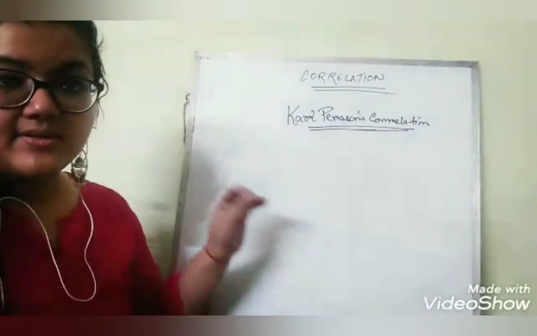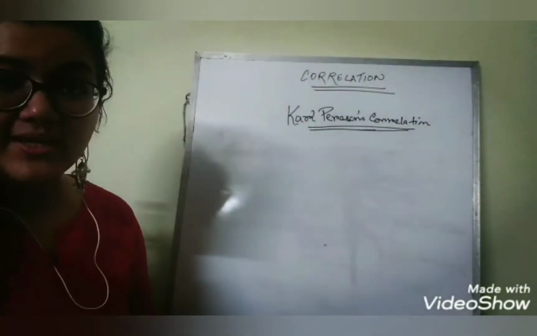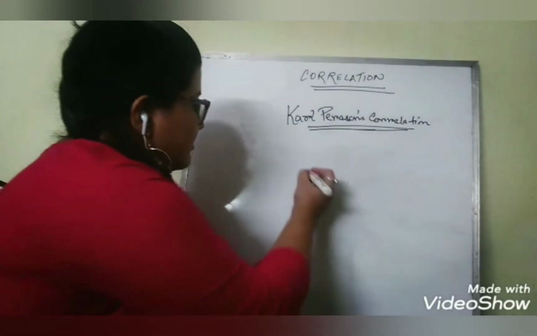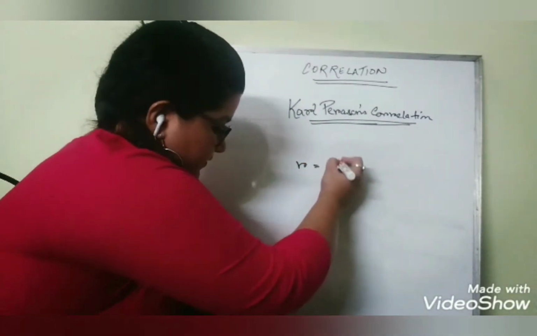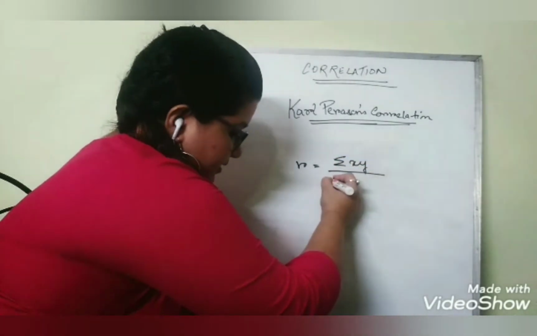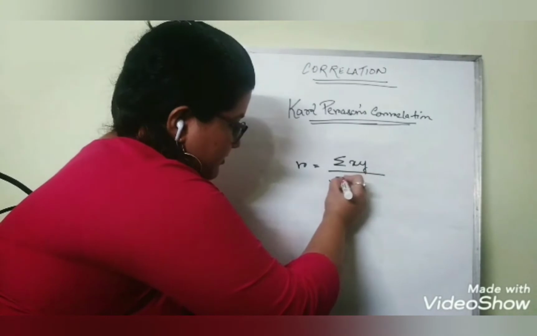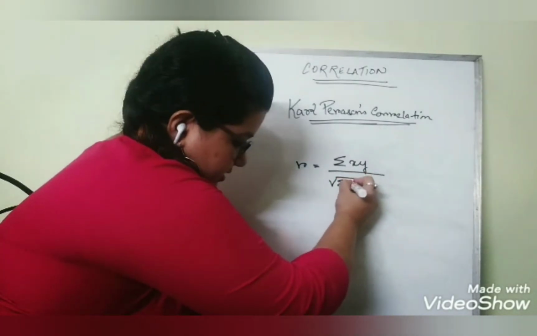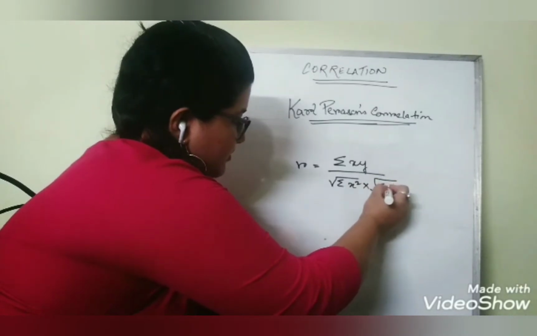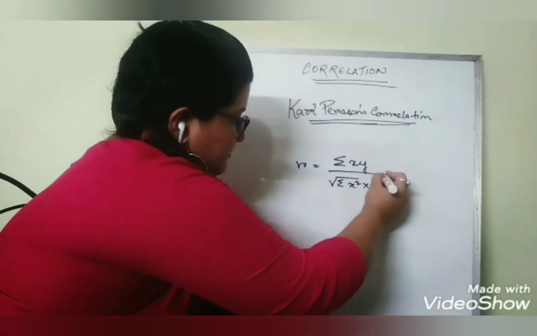Okay, now there is another formula of Karl Pearson's correlation coefficient, which is the basic and the easiest formula of all, which is for correlation coefficient R, which is summation xy by root over summation x square into root over summation y square.